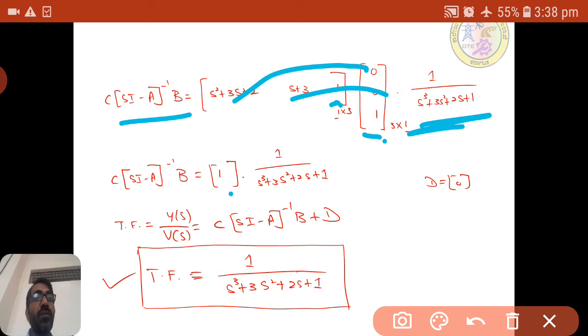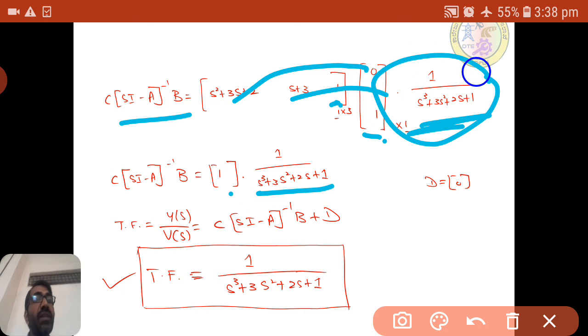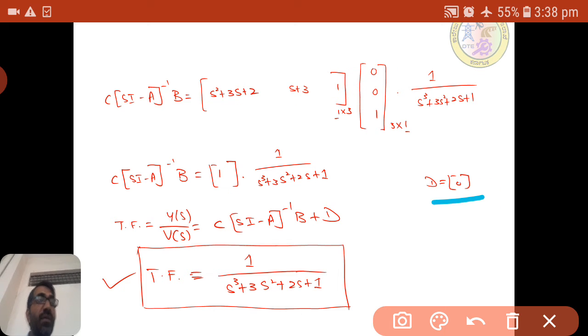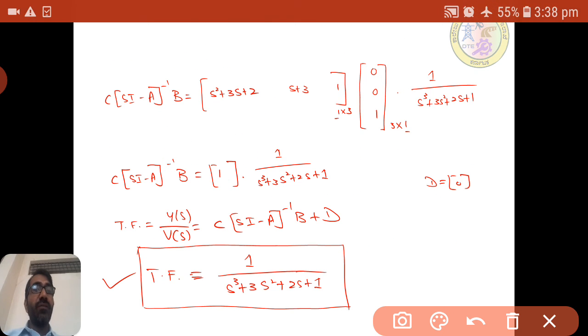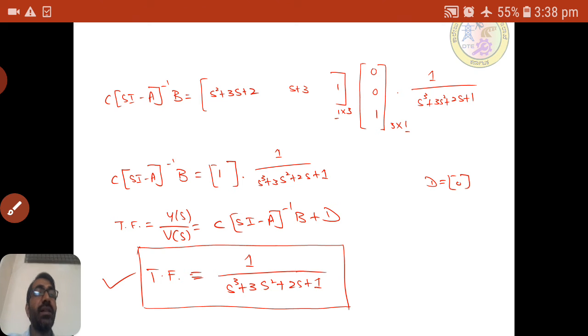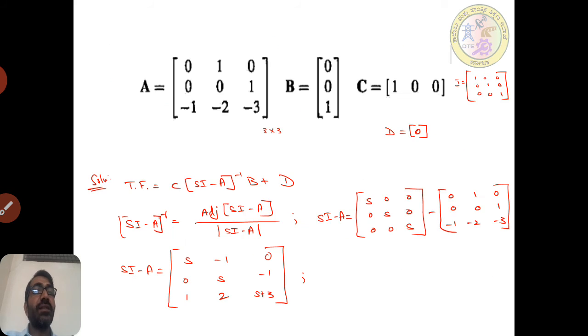So now this will remain with only this term, plus D. D is already 0. So the transfer function will be given as 1 by whatever value we got here.